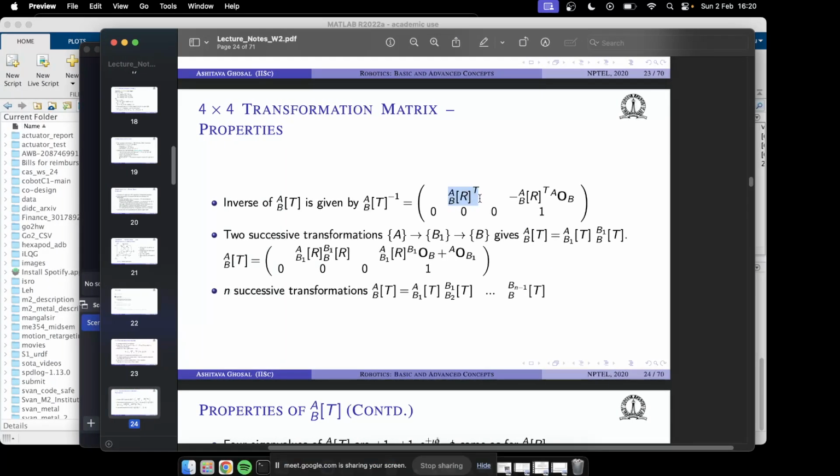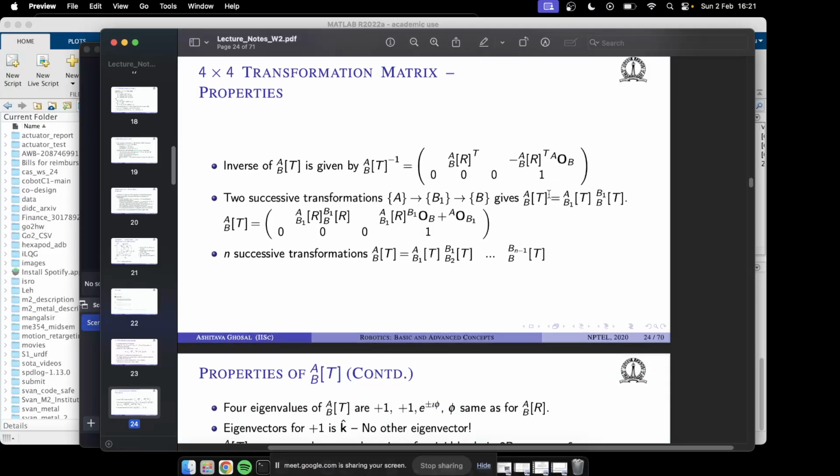So we have this inverse of rotation, and then we are basically converting this back to frame B, and then subtracting that translation.